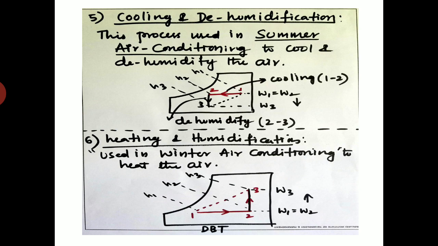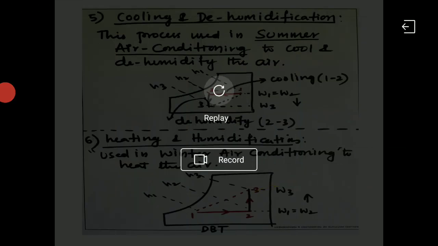If I add moisture to the atmospheric air, the temperature goes on increasing. So 1 to 2 is the heating process, 2 to 3 is the humidification process. These are the different psychrometric processes; in order to study different psychrometric properties using the chart, we have to follow these processes.